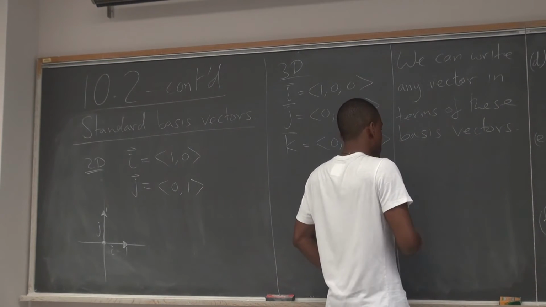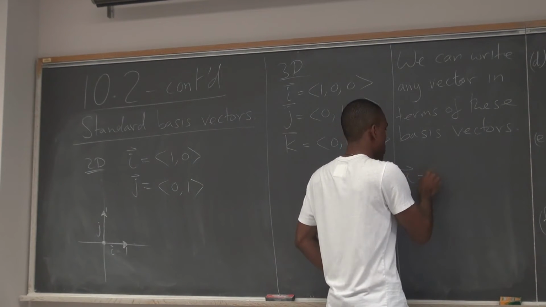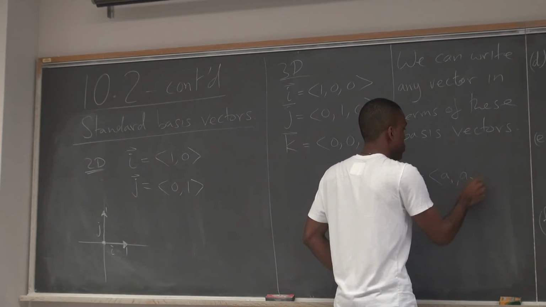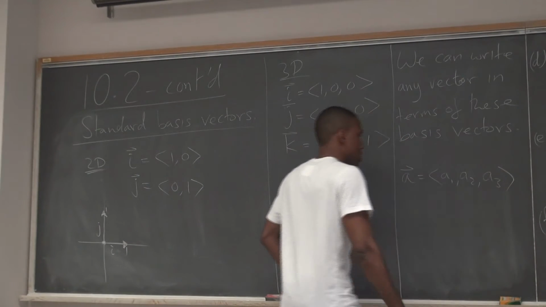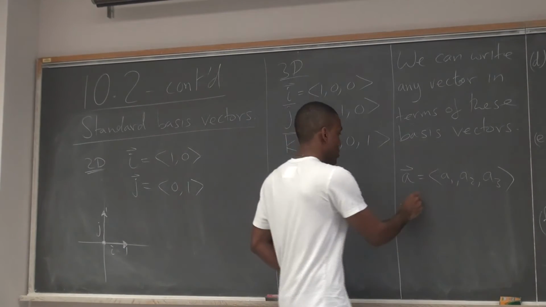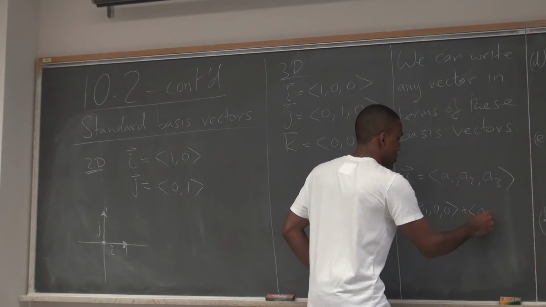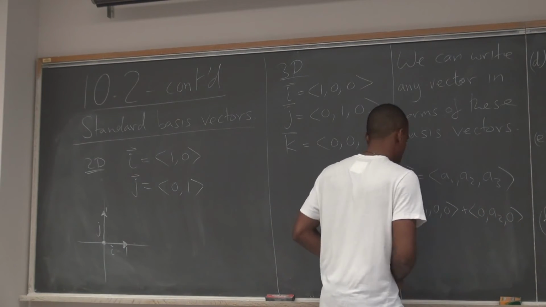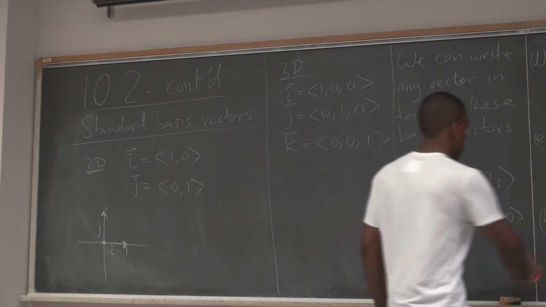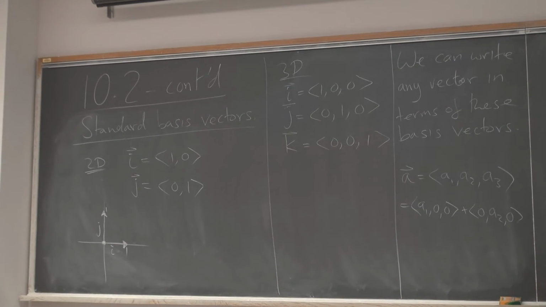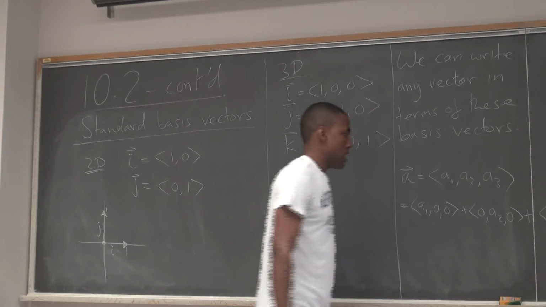So, for example, if I have the vector A is A1, comma A2, comma A3, knowing what I know about addition, I can write this as that, plus 0, 0, A3. I know how to add these guys.